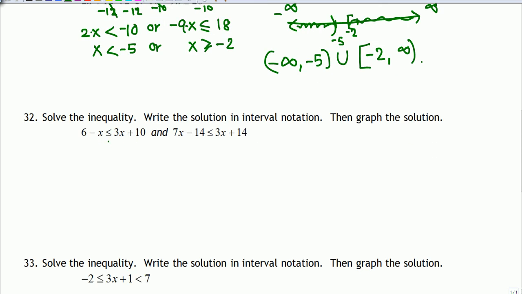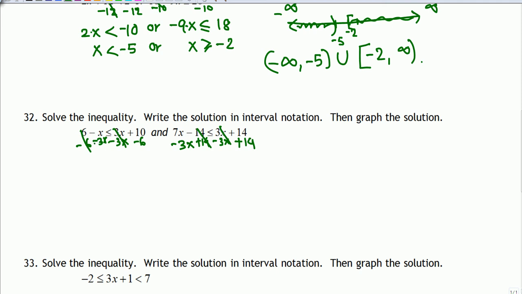Same thing, we need to isolate x, so bring 3x to the left side and move 6 to the other side. Bring 3x means subtract 3x from both sides. Move 14, so add 14.